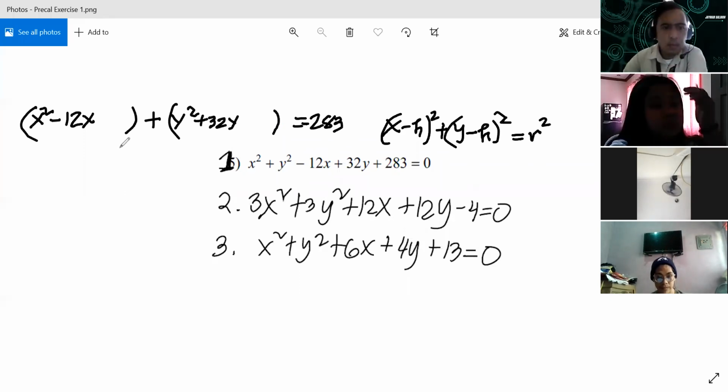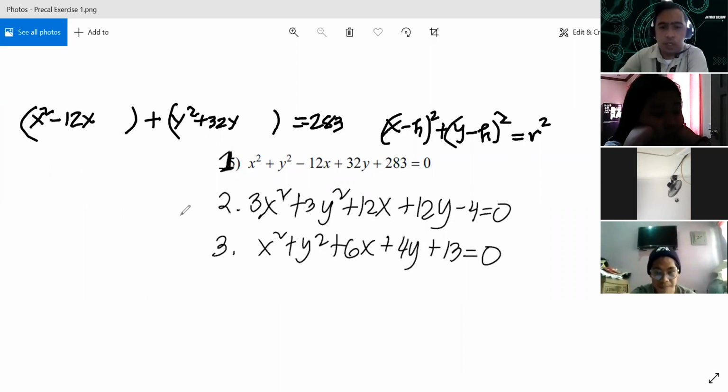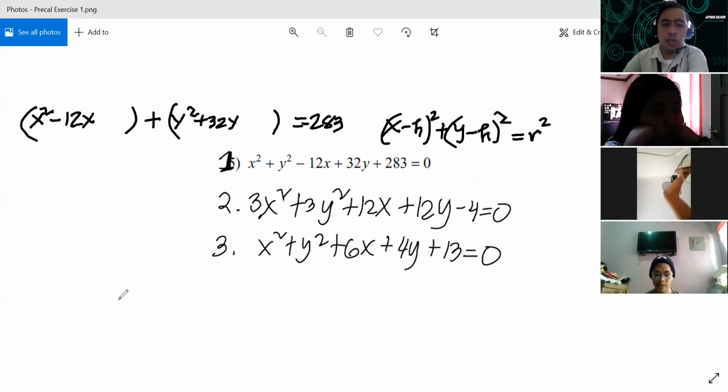Okay. You want this to be a perfect square. So you need to make this trinomial a perfect square trinomial. You just have to remember to use the (b over 2) quantity squared.